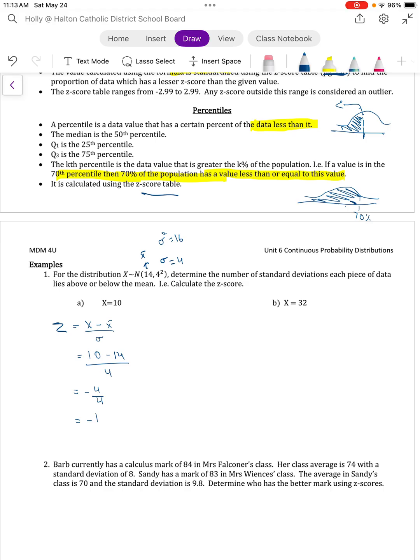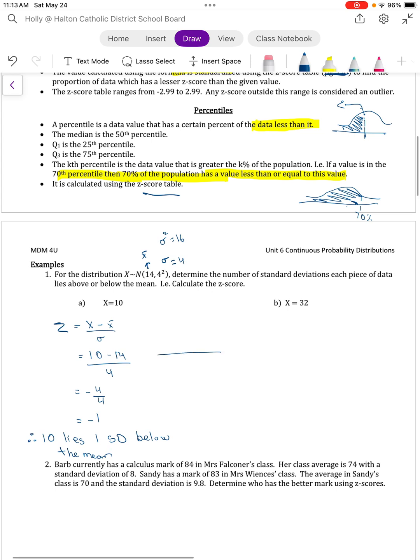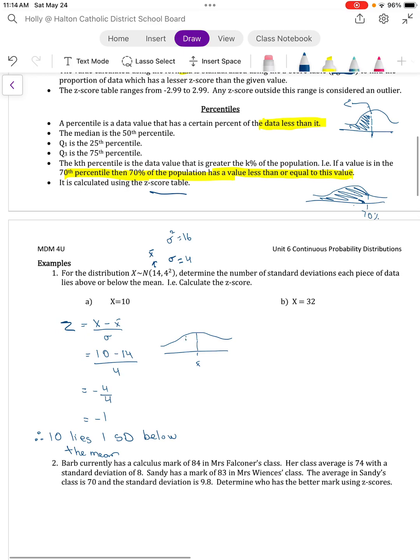So that means 10 lies 1 standard deviation, it's negative, so it's going to be below the mean. Okay, so again, think of your curve. This is my mean. We're at 1 standard deviation below. Okay, that's where 10 would be.